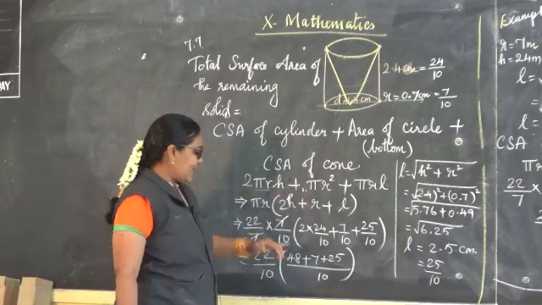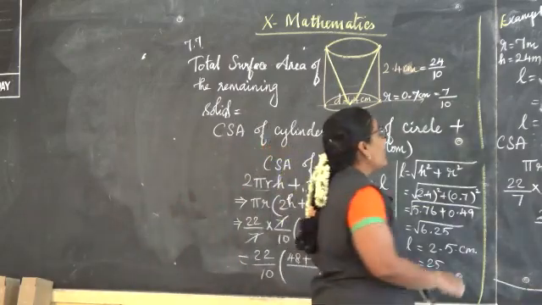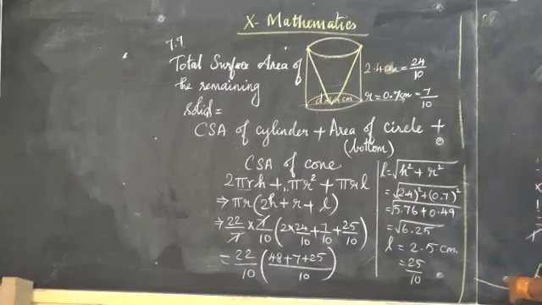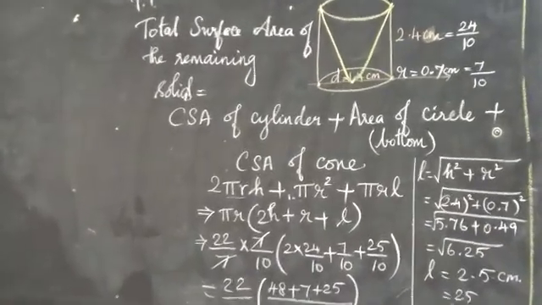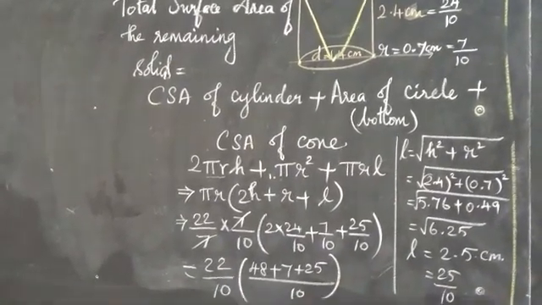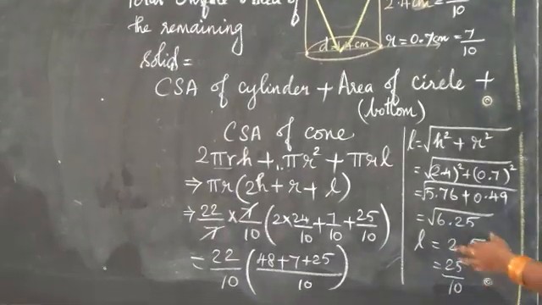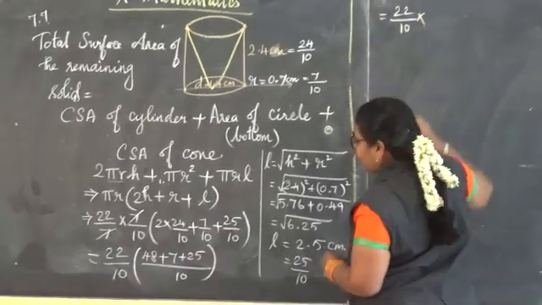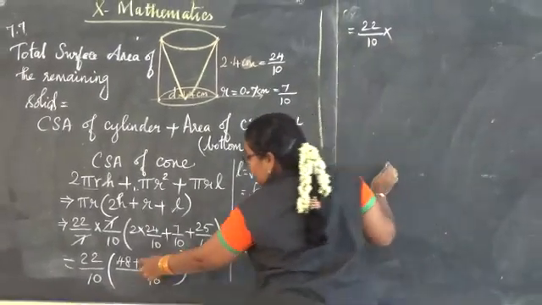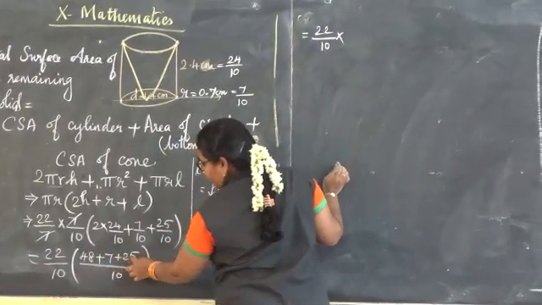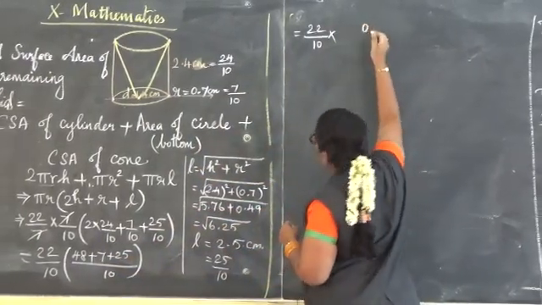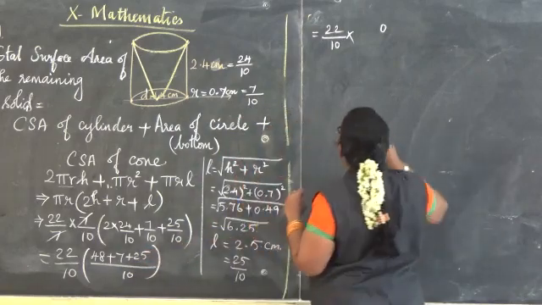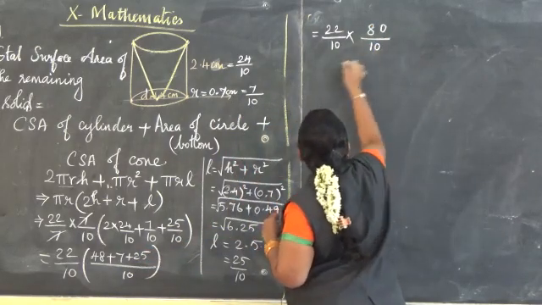In total we can find the calculation easily. Now the calculation will be continued as 22 by 10 into, add all the values, 8 plus 7, 15, 15 plus 5, 20, and remaining 2. So 4 plus 2, 6, 6 plus 2, 8, 80 by 10.